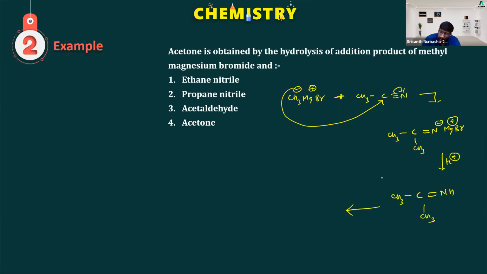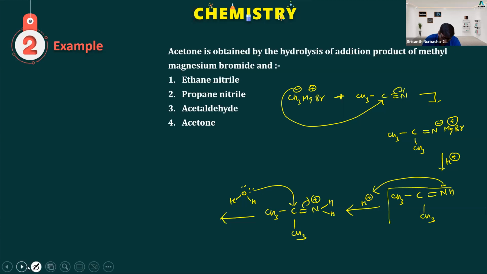This upon again treatment with H plus, lone pair of electrons present on nitrogen will pick up the proton. So it will form CH3 C double bond NH2 with a positive charge on nitrogen, CH3. Water in the reaction mixture acts as a nucleophile, acidic hydrolysis. So lone pair of electrons on oxygen attack this particular carbon, C double bond electrons move away. And this is an imine.